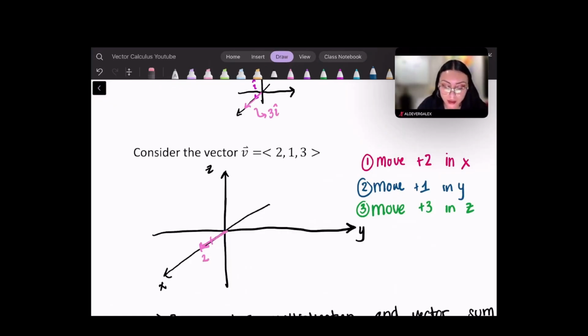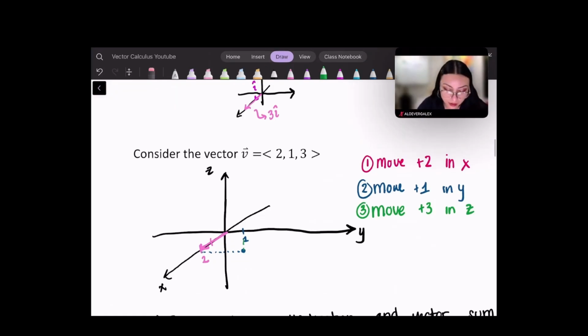And then I'm going to move 1 unit along positive y. So from x equals 2, I traverse 1 unit along positive y. And then from x equals 2, y equals 1, I'm going to move 3 units up along the z-axis. So let's say this is 3.